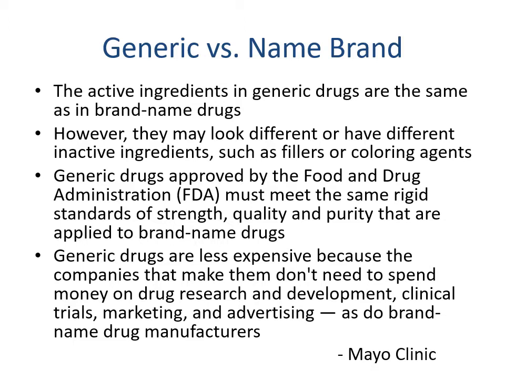Generic drugs are less expensive because the companies that make them don't need to spend money on drug research and development, clinical trials, marketing, and advertising as brand name drug manufacturers do. Typically, after the patent has worn out, there's not a lot of profit margin left in the drug, so anyone can make it, and from a comparison standpoint, it's very cheap.